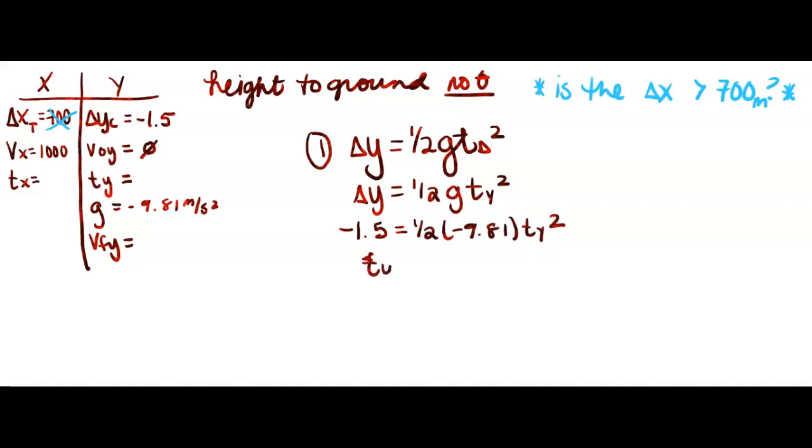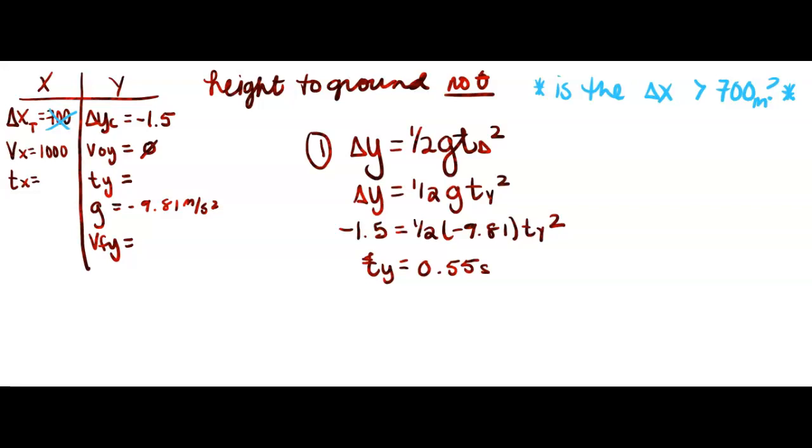So solving for that value, multiply both sides by 2, divide by gravity, you're going to end up getting a time in the y direction that is going to be 0.55 seconds. So depending on how you round, you could also have 0.553 seconds. The 0.55 is fine, but if you want to take it out one more, also acceptable. So what this tells us is that our projectile is going to be falling 0.55 seconds.